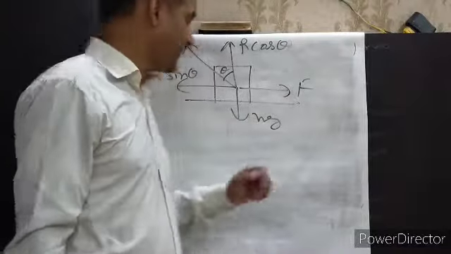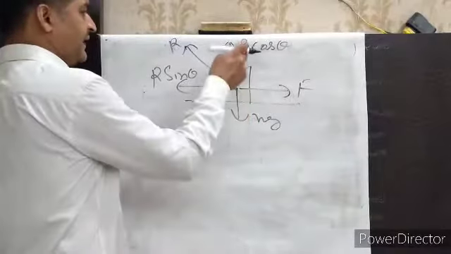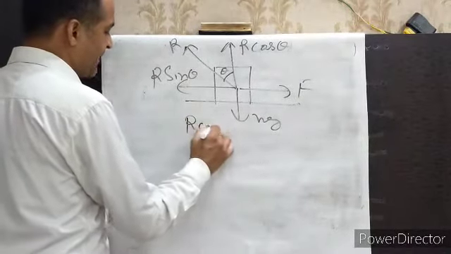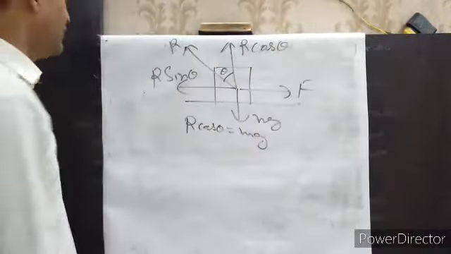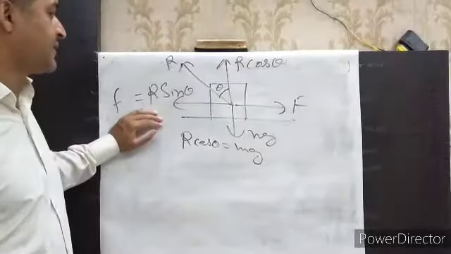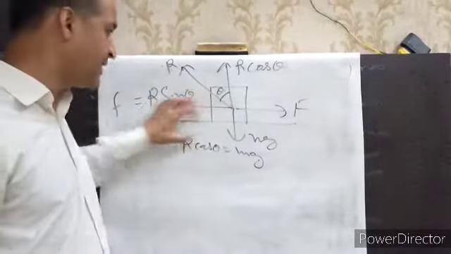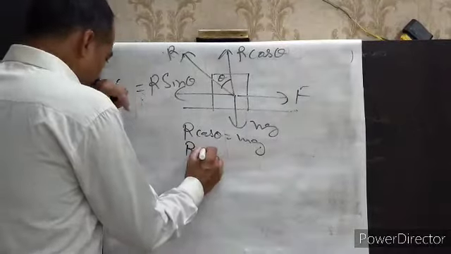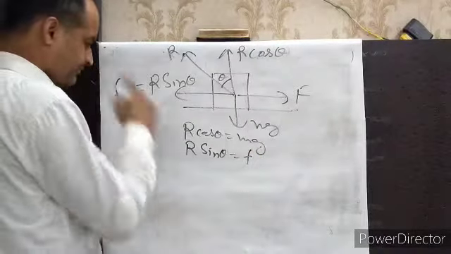Suppose the body is not moving, then r cos theta is equal to mg, and r sin theta is equal to the external force, and this is also the friction force. The force which opposes the motion is called friction force. This force r sin theta is opposing the motion. That's why this is called friction force.